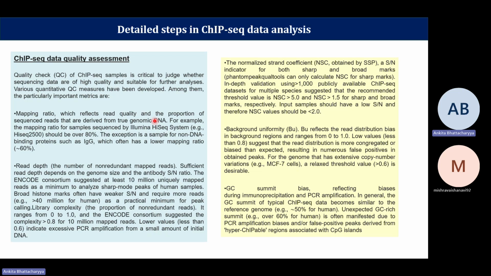And second is the read depth, which shows you, among the reads that you have gotten, what percentage or proportion of them are non-redundant, which means they are unique, useful mapped reads. So these are the two parameters which are rather important.